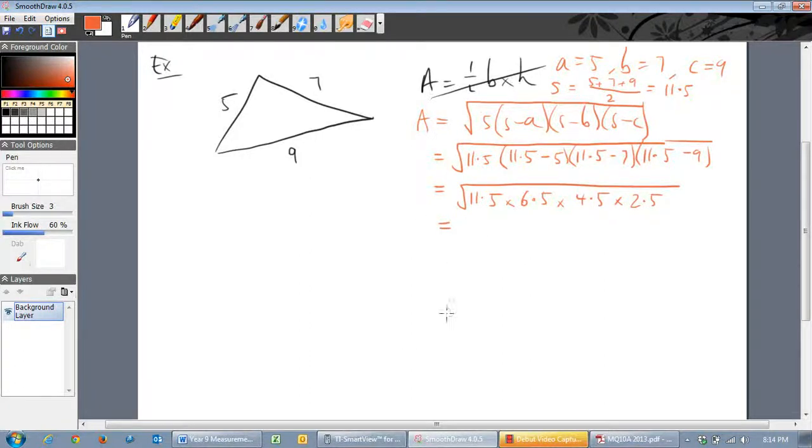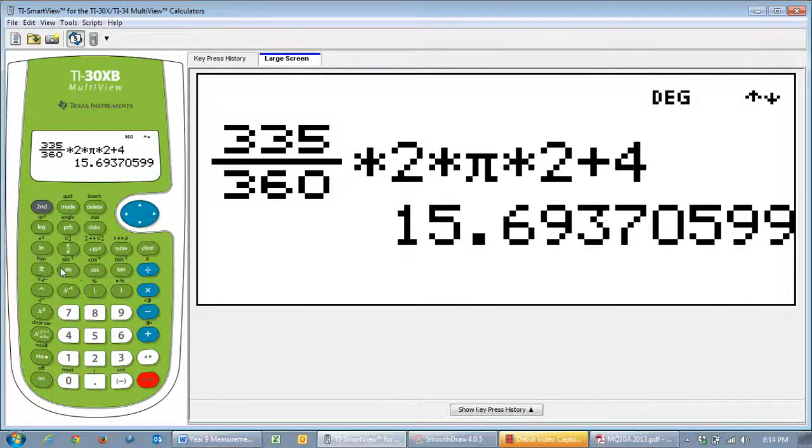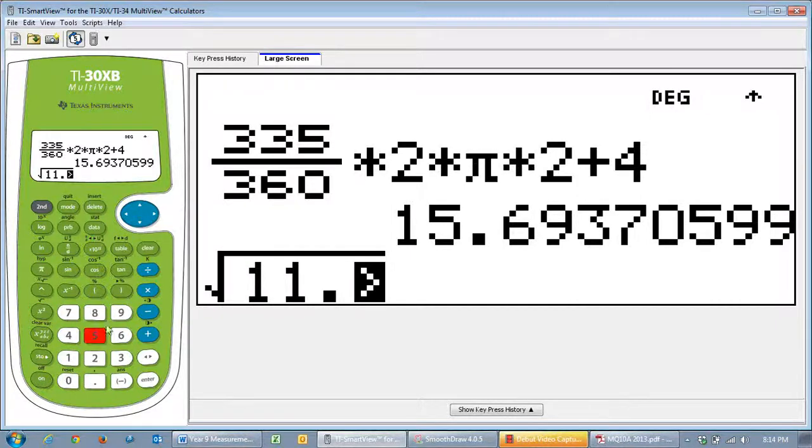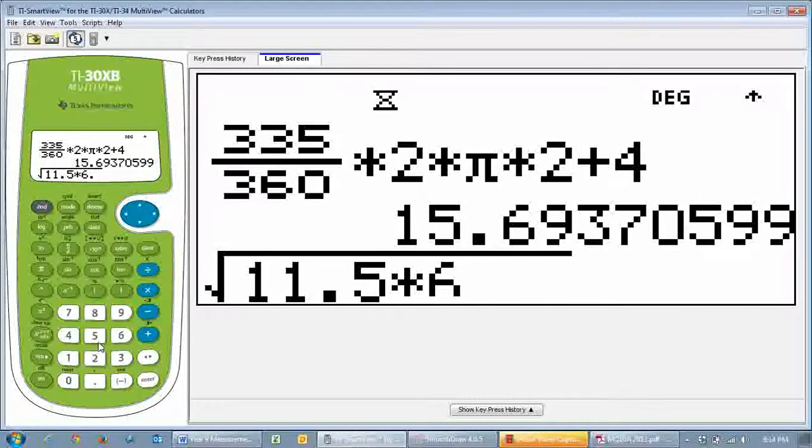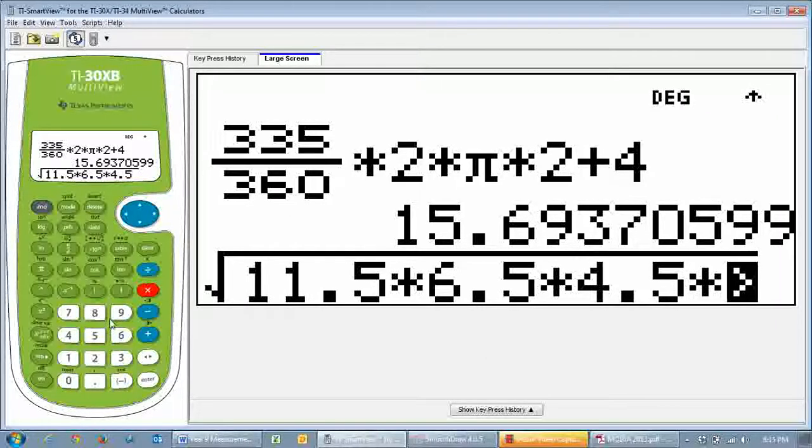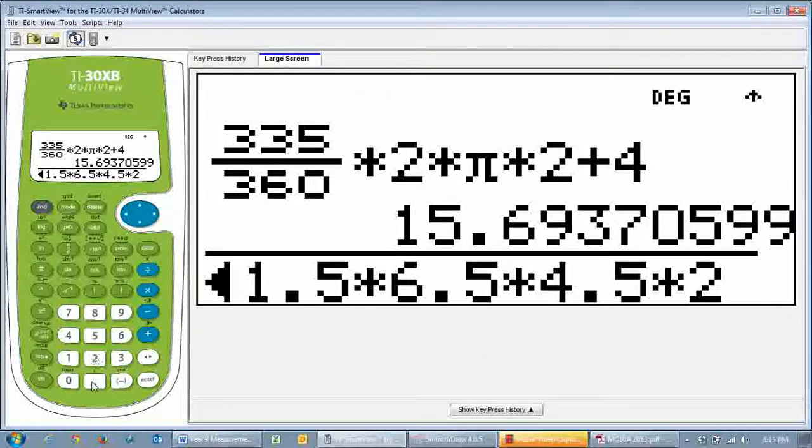Alright. So we'll do this. So square root, then we've got 10.5 times 5.5 times 3.5 times 1.5.